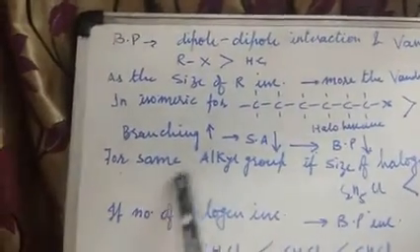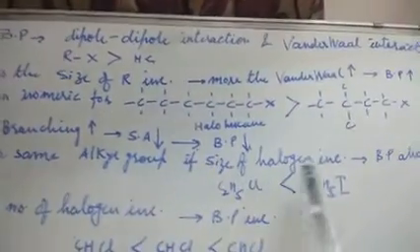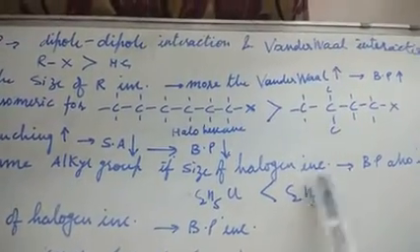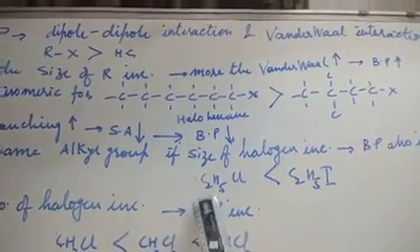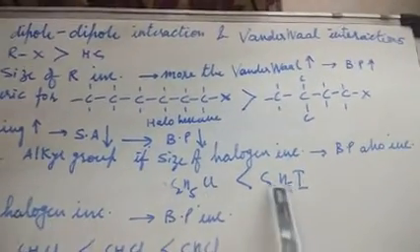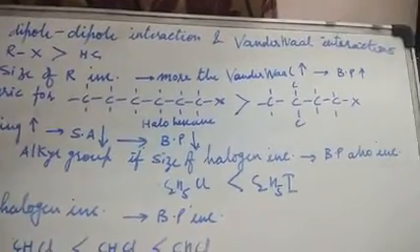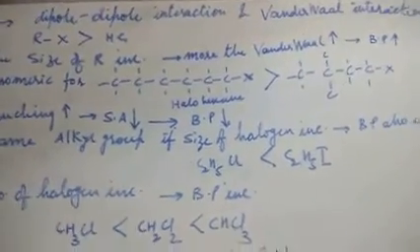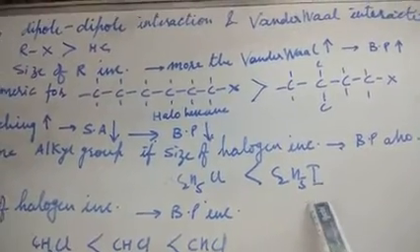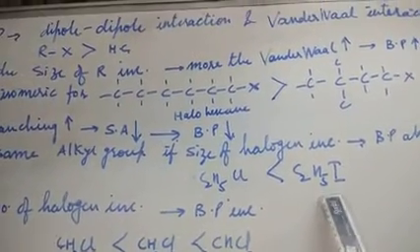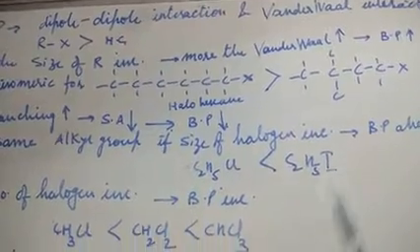Now again, if the alkyl group is the same but the size of the halogen is increasing, boiling point also increases. Here I have taken one example, C2H5Cl, and here C2H5I. The size of iodine is more than chlorine. That's why this alkyl iodide will have more boiling point. Again the same case, the larger the size, the more the van der Waals force of attraction.